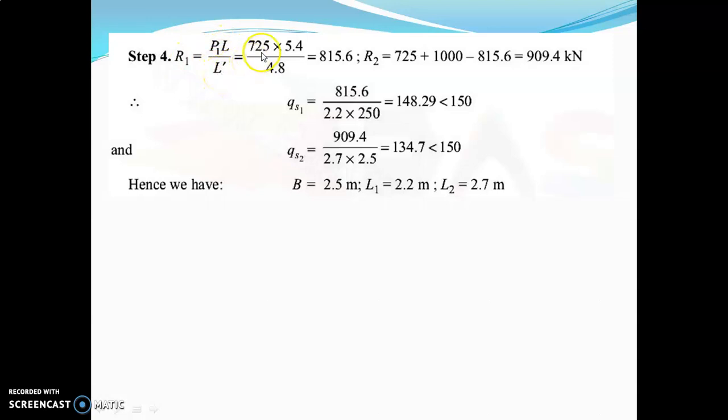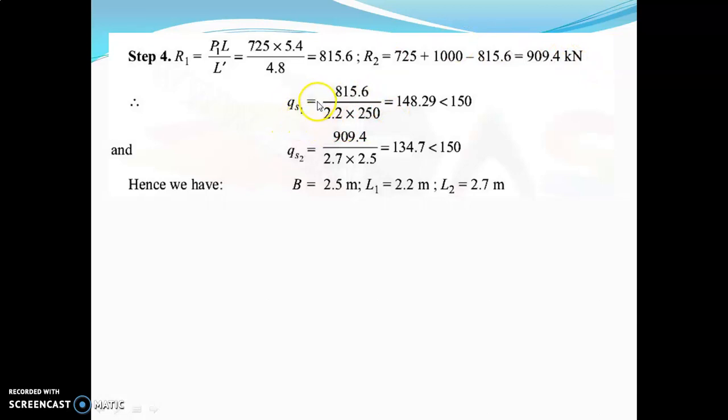That is equal to 725 into 5.4 divided by 4.8. So you get 815.6. So R2 is equal to P1 plus P2 minus R1. So that is 725 plus 1000 minus 815.6. You get 909.4 kilonewton. Again cross check.